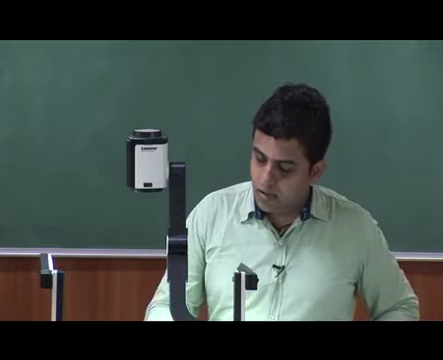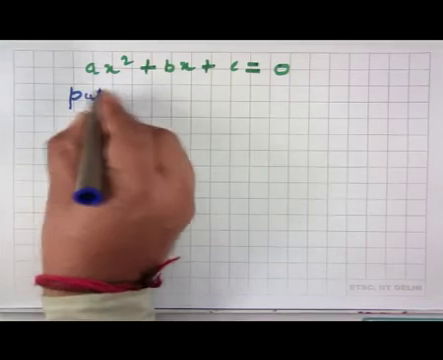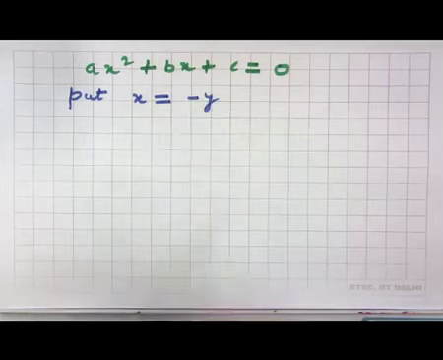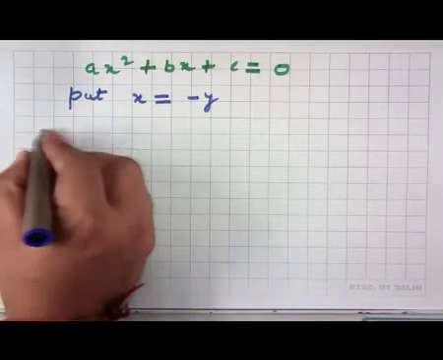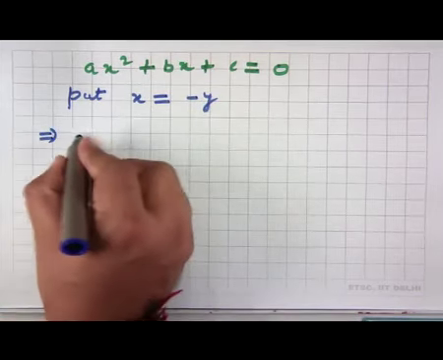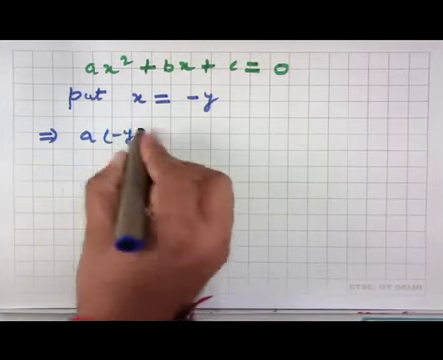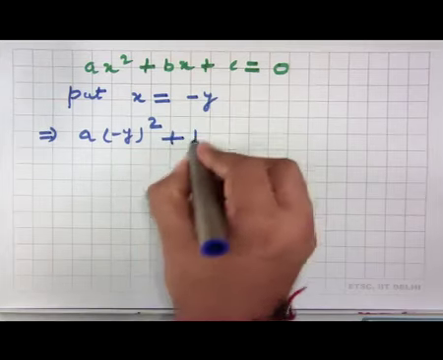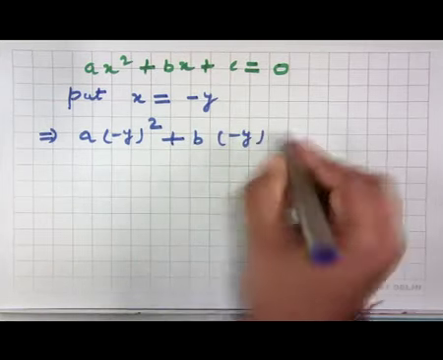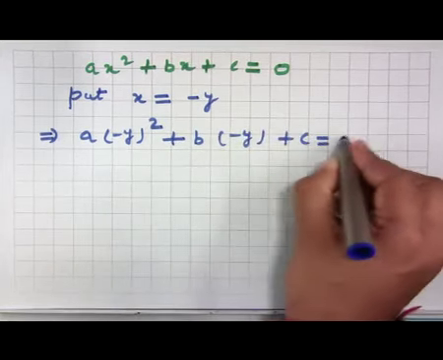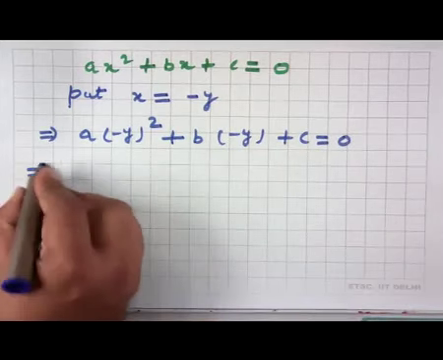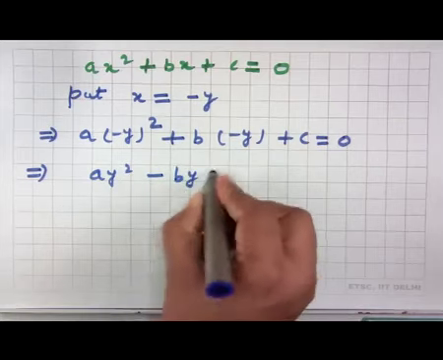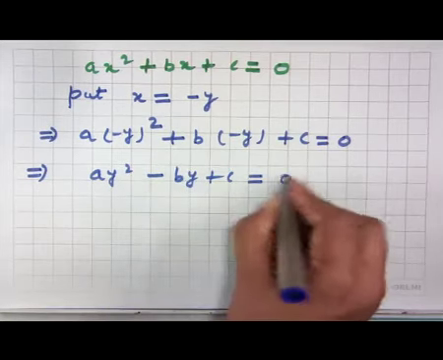So, put x equal minus y. Now, the new equation will be a times (minus y) whole square plus b times minus y plus c equal 0. Now, the new equation will be ay square minus by plus c equal 0.